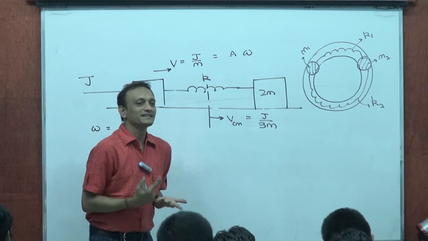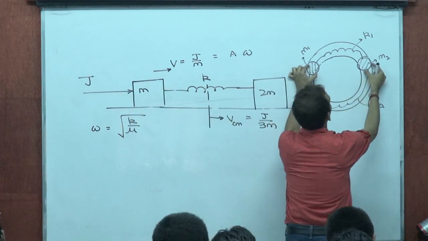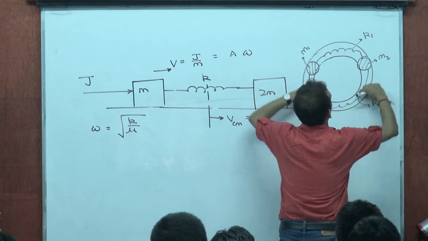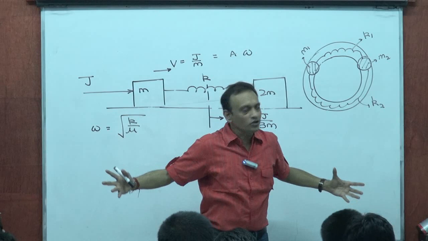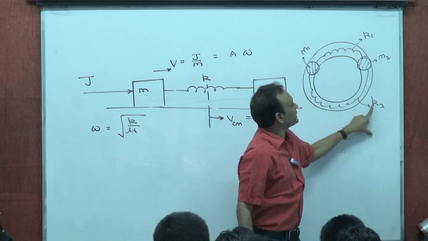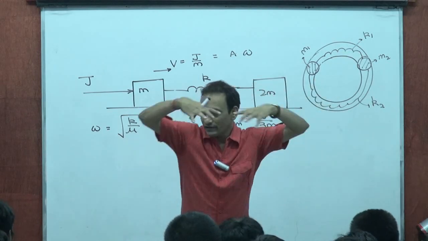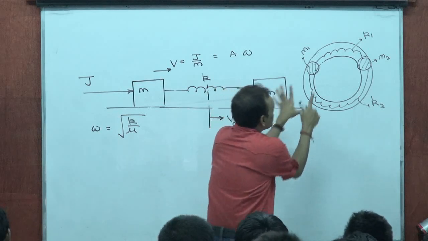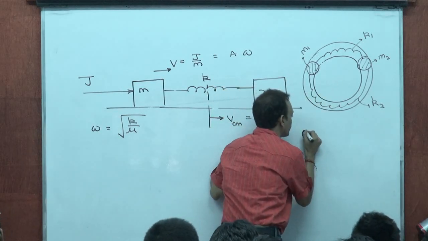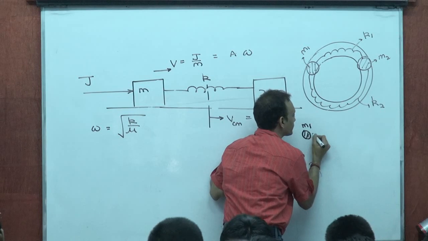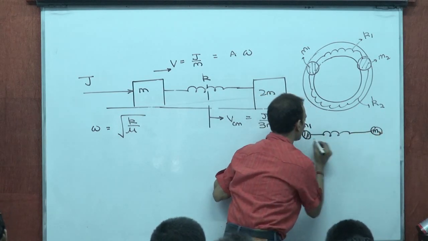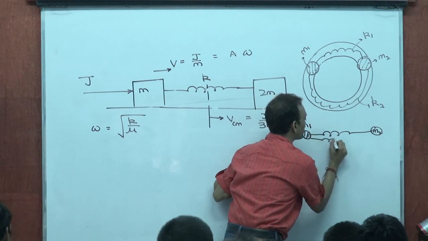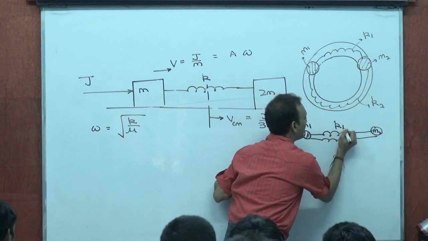Realize that essentially when you compress it by a certain amount x, this will elongate by that much amount. So the force that would act on the two masses would be actually k1 plus k2 into x, right? So essentially this could be reduced to m1, m2 with the two springs being like this, k1 and k2.